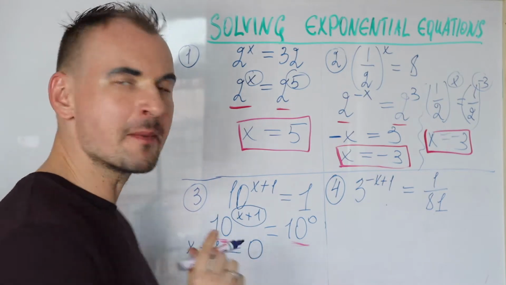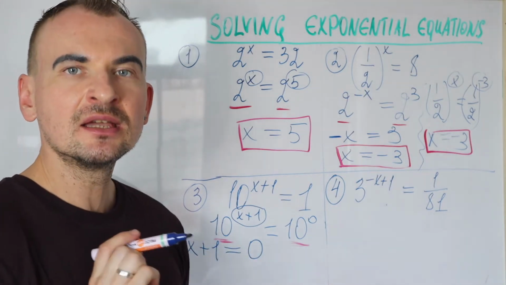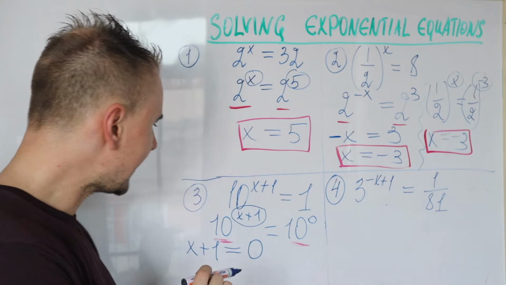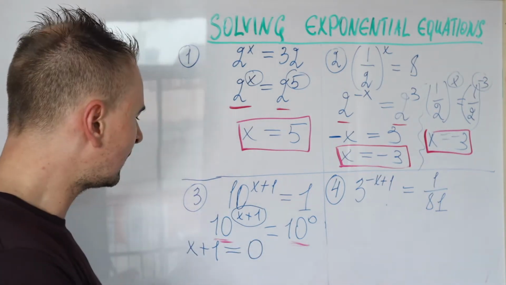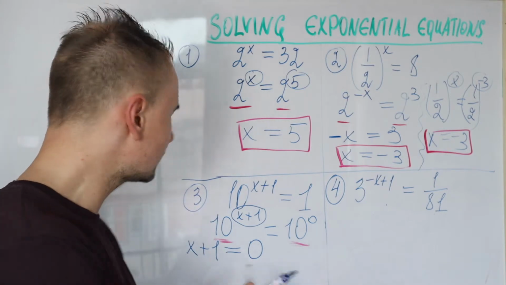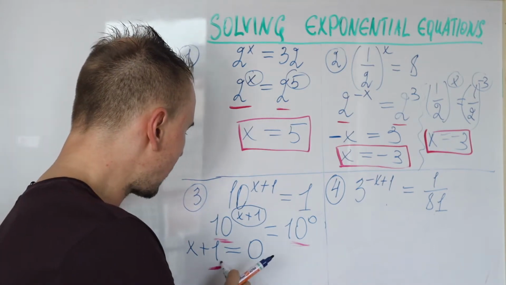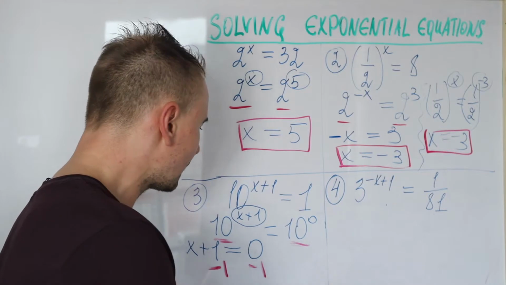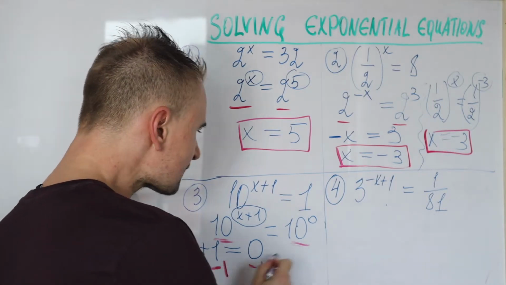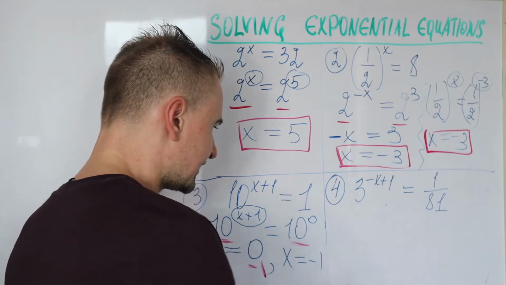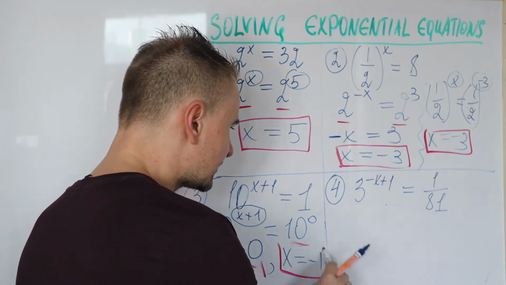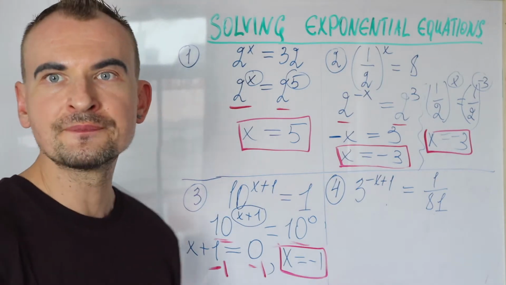Now you come up with a basic elementary linear equation for x, and you solve it normally. You just subtract 1 from both sides of this equation, and it becomes x equals -1. This is the solution, this is the root for this equation.